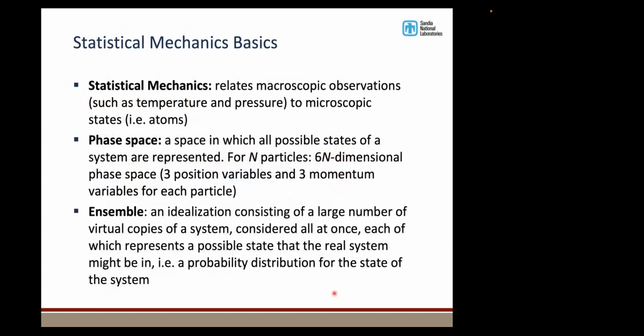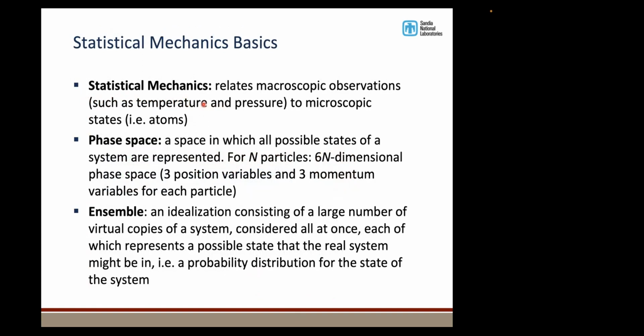Okay, so I just have a few slides. I won't get into too many details of the underlying physics, but I think a little background in statistical mechanics would help. Statistical mechanics is trying to relate basically the macroscopic observations such as temperature and pressure to the behavior of atoms.